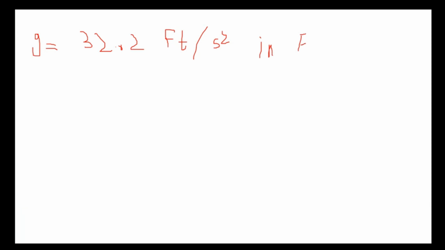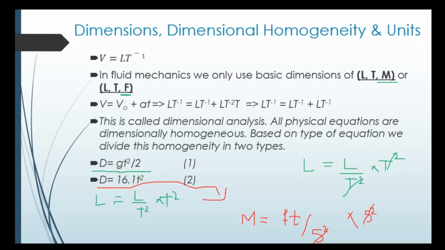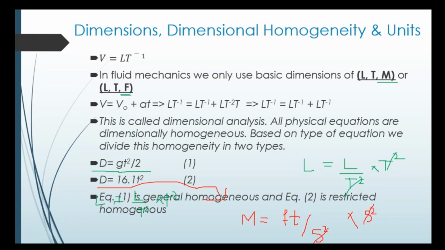And your equation was in English units. Equation is d equals half gt square. I have used value of g as 32.2. 32.2 divided by 2 is 16.1. So d equals 16.1 t square. Now that you have fixed the units of g in feet per second square, it is mandatory for you to use d and t in English units. d should be in feet and time should be in seconds. So equation 1 was general homogeneous and equation 2 is restricted homogeneous.